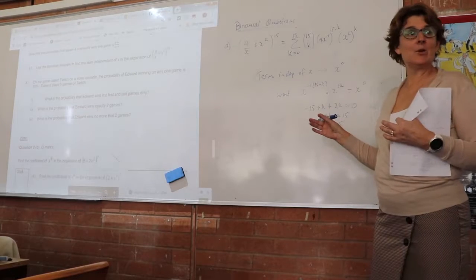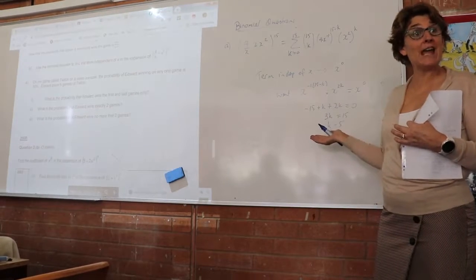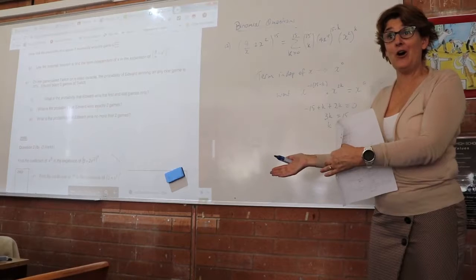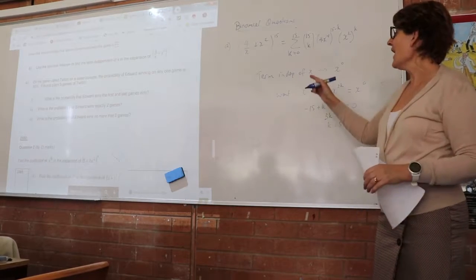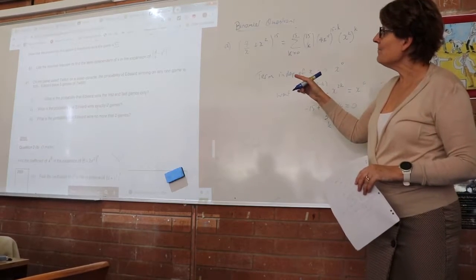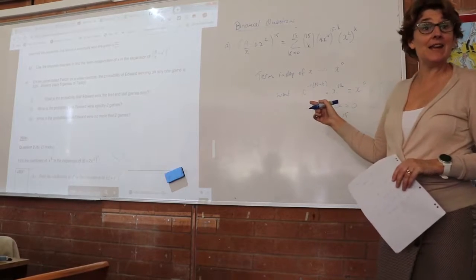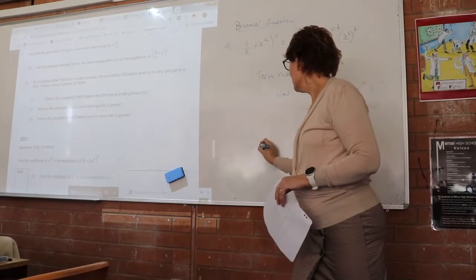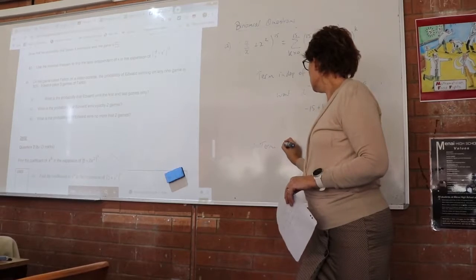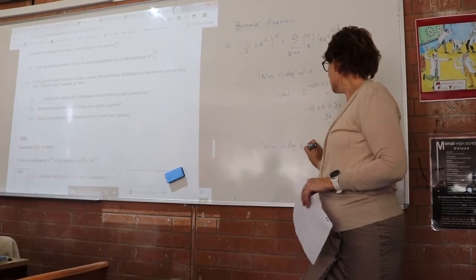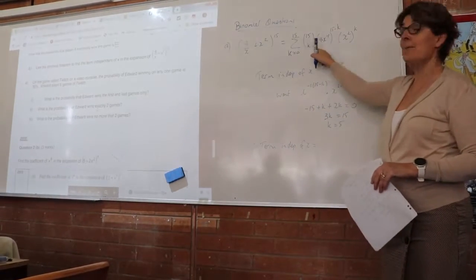Now, have I answered the question? No. I've only found the value of k that would give the term that's independent of x. They want the term that is independent of x. So we've got to say, therefore, term independent of x equals, and we go back up here.